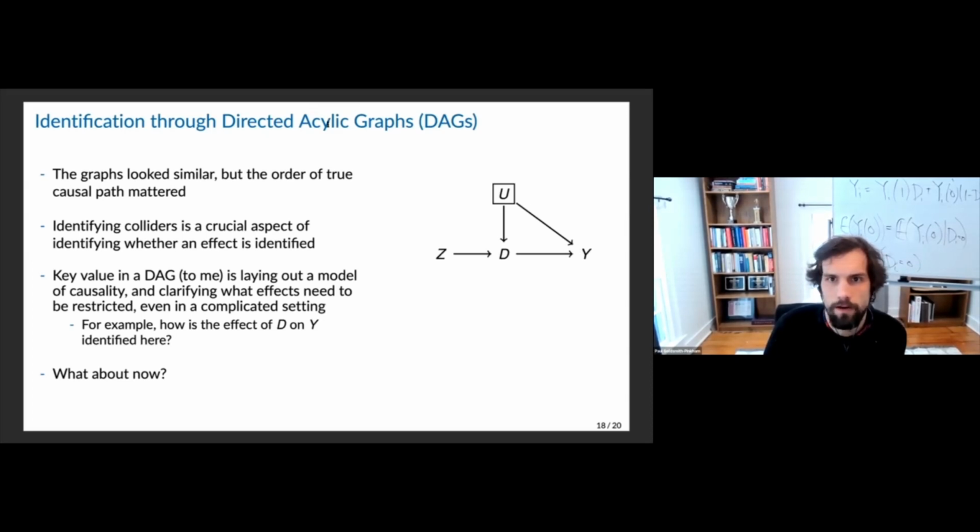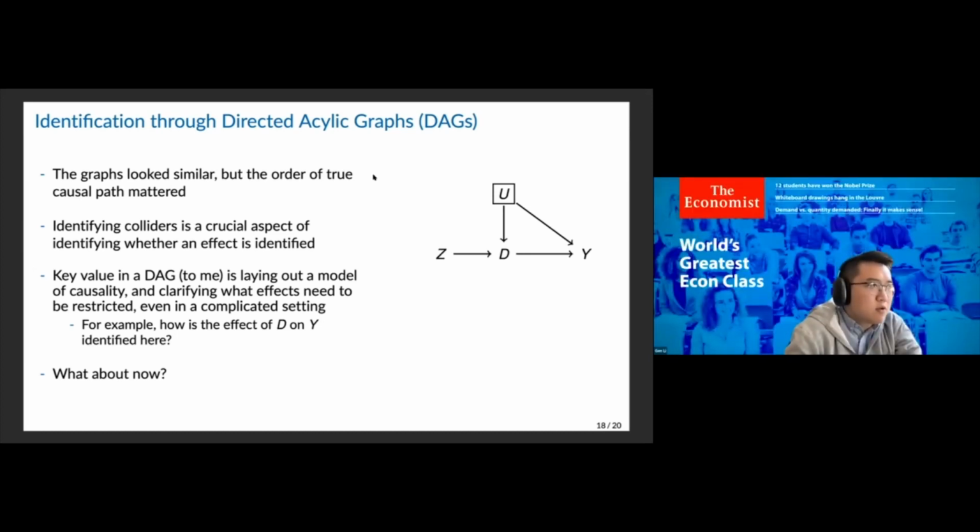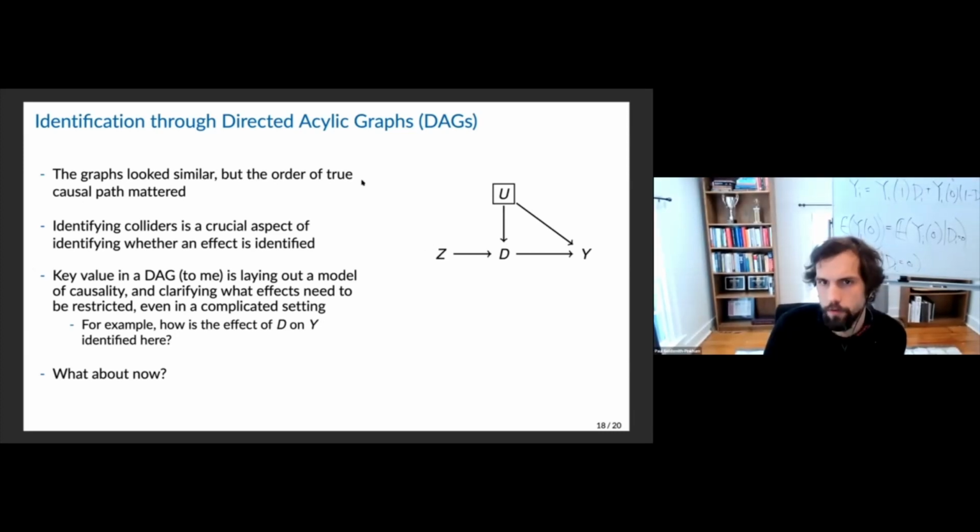Can anyone think of, in this setting, what does this look like? Does this look like anything in particular? For those who are kind of familiar with the econometrics, does this look like a particular setup to you? Is it just like the instrumental variable setting? Yeah, exactly. So I cheated by calling it Z to give a setting, but that's exactly right.